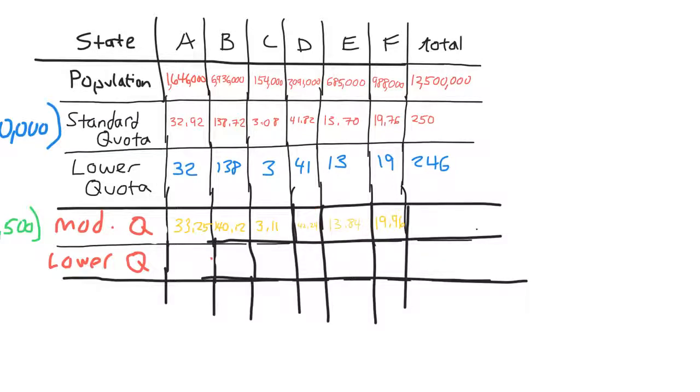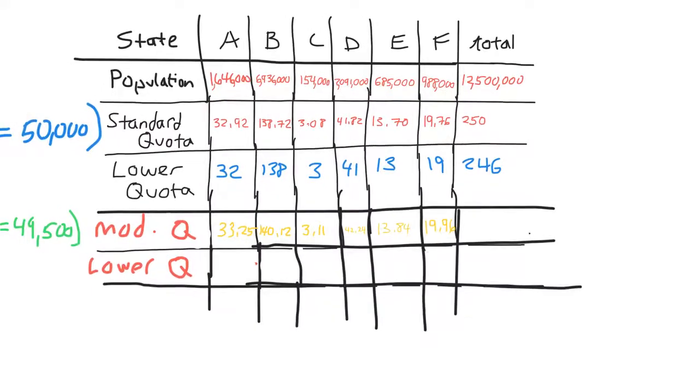and now we are ready to actually round each of these numbers down. So the 33.25 just becomes 33, and the 140.12 becomes 140. The 3.11 becomes a 3.